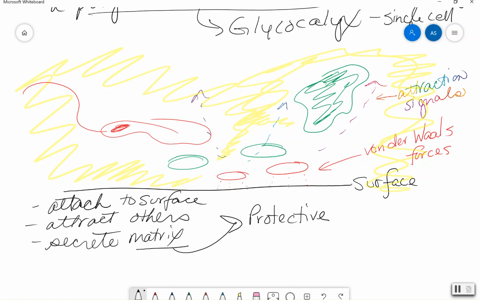Once inside this protective matrix, waste products from one microbe might serve as food for another microbe. They can share genetic information, and they are protected from chemicals. They're protected from being removed from the surface.